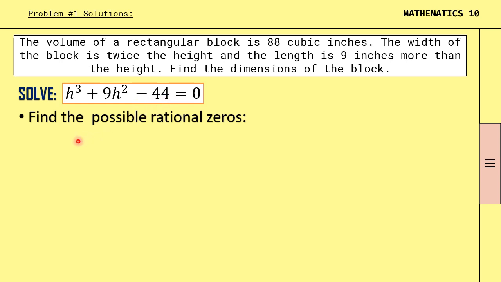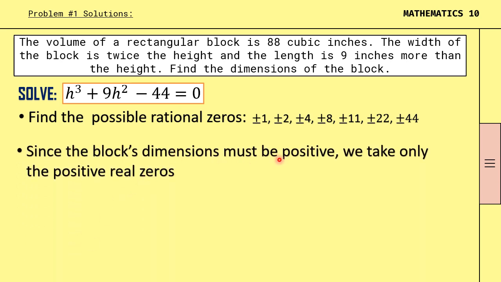Find the possible rational zeros. Based on our rational zero theorem, we have the factors of our constant term 44. So we have positive negative 1, positive negative 2, positive negative 4, positive negative 8, positive negative 11, positive negative 22, and positive negative 44.